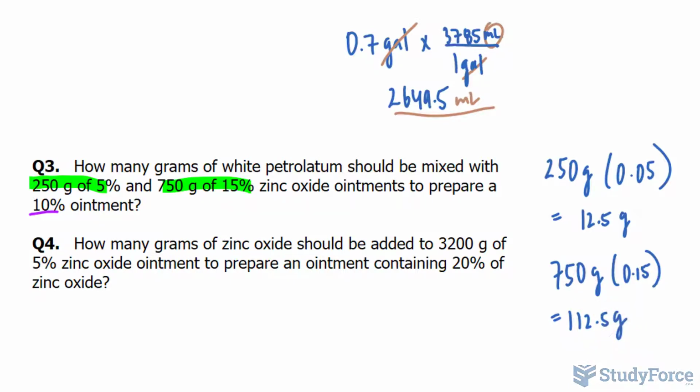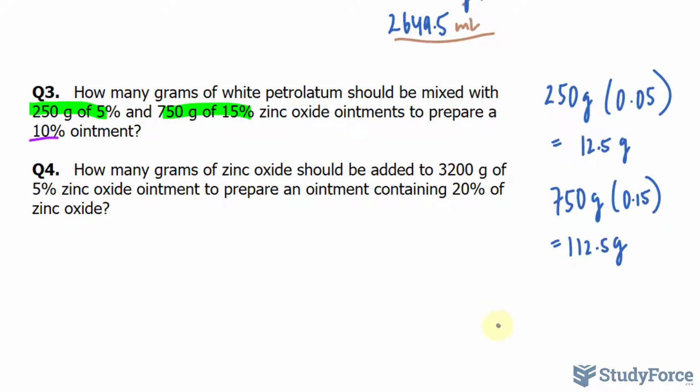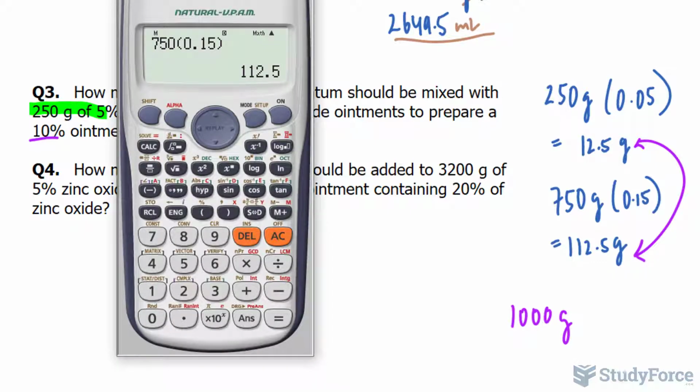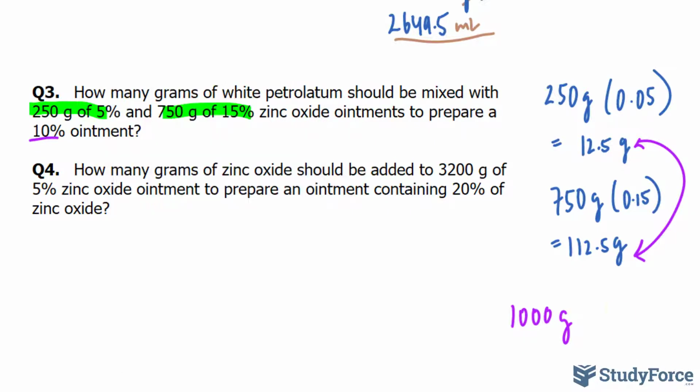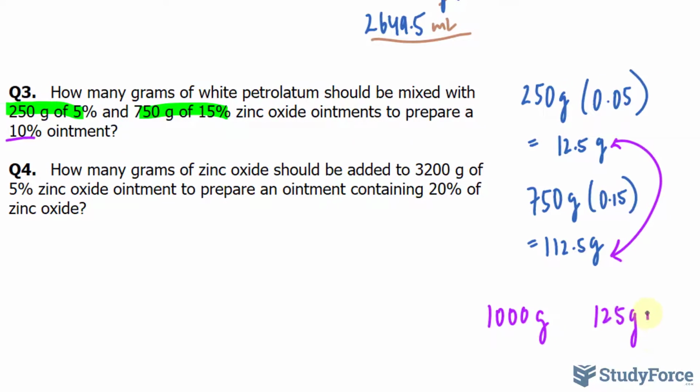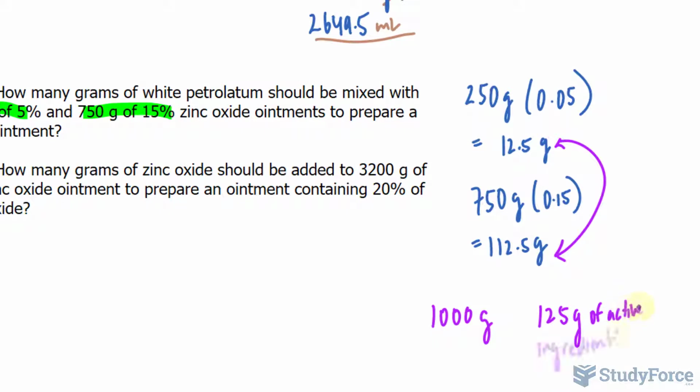Now if I were to combine these, I would get 1,000 grams in total. And of that 1,000 grams, we would have these two added up as the amount of active ingredient. So if I add up the number on my screen plus 12.5, I get 125 grams of active ingredient simply by adding up these two mixtures.